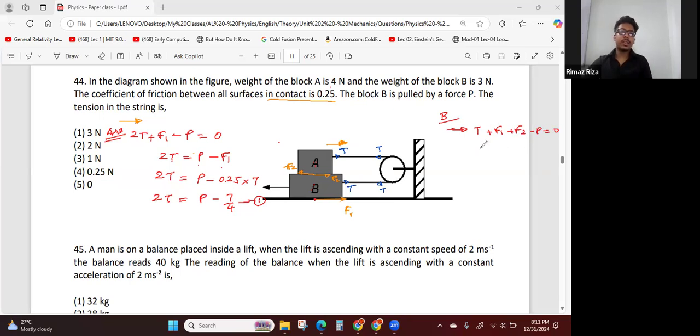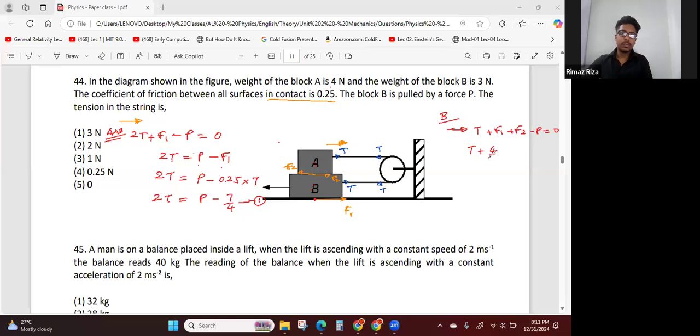So from this I get T plus F1 is nu 1 times R. So nu 1 is 0.25, which is 1/4, into the normal reaction force, which equals the total weight, 7.